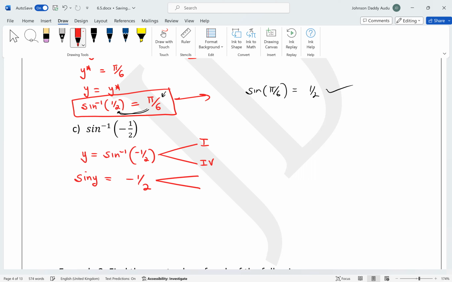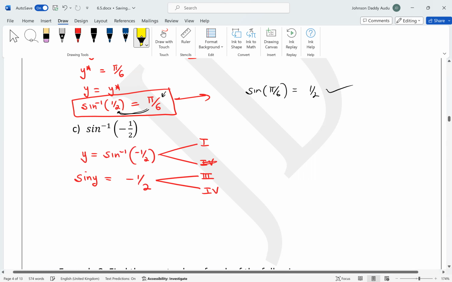But sine is negative either in the third or in the what? In the fourth quadrant. So if you look at this, you will see that the quadrant that is common is the fourth quadrant.